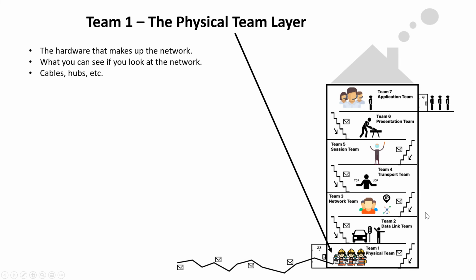And so once that's done, then team 1, the physical team, can take over. So the data is sent down to the physical team, and this is basically the team where all of the hardware that makes up the network is. So it's everything that you can see if you looked at a network. So all the cables, the hubs, etc. So at this point, the data is in the correct format.